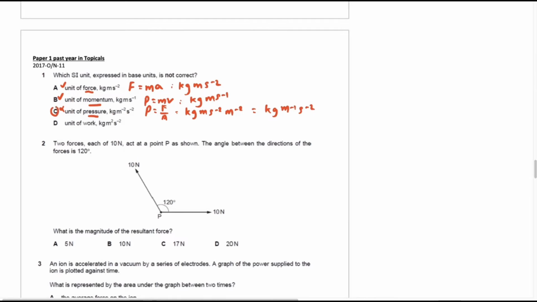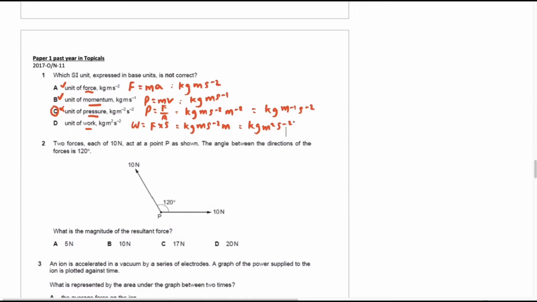So the answer is C. Okay, now let's do work also for practice purposes. Do you remember the formula for work? Force times distance, or force times displacement. So the force is kg m s^-2. The displacement is meter. So we multiply them, kg m^2 s^-2. So that's why it is correct.